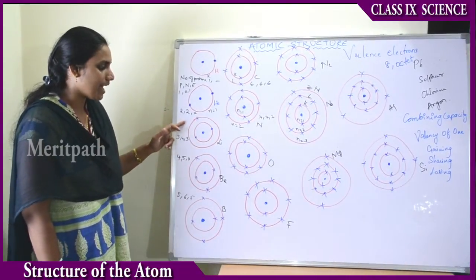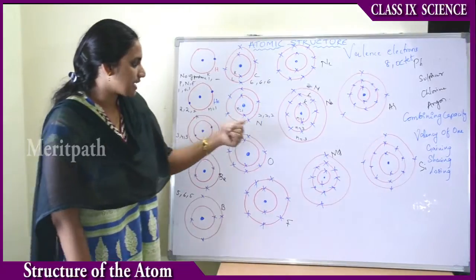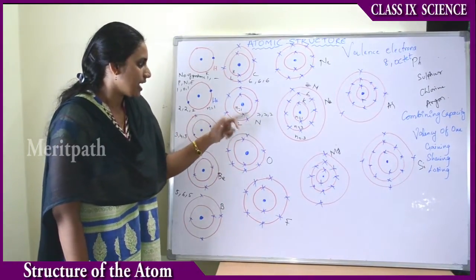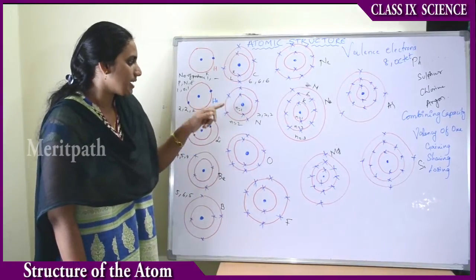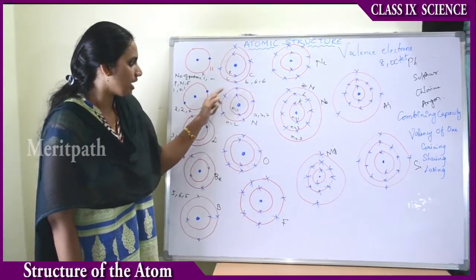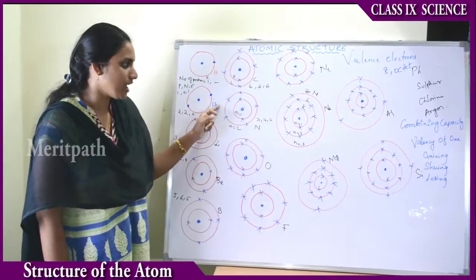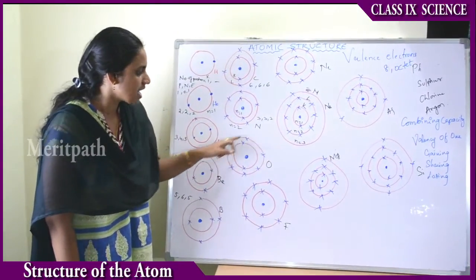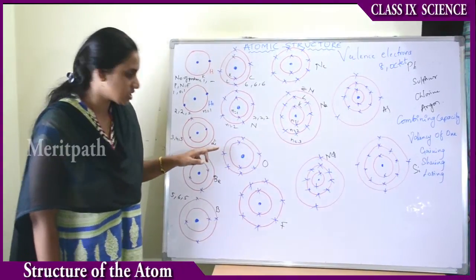At the same time, let us take nitrogen. Nitrogen has 7 electrons, with 1, 2, 3, 4, 5, that is 5 electrons in the second orbit. For oxygen it is 6 electrons in the outermost shell.